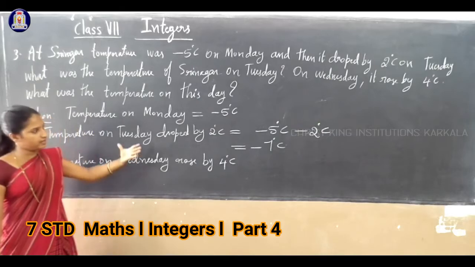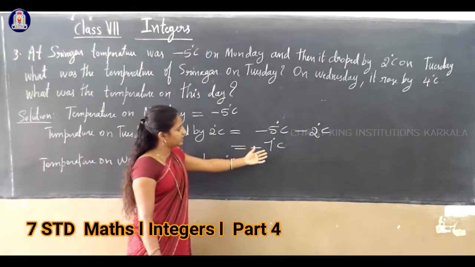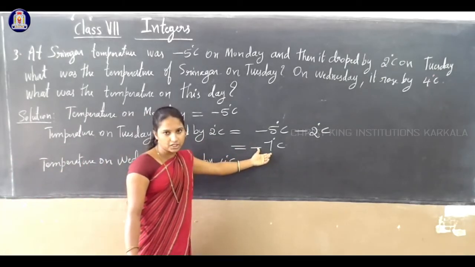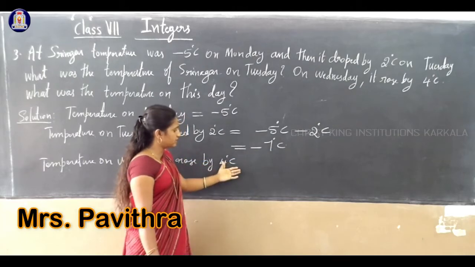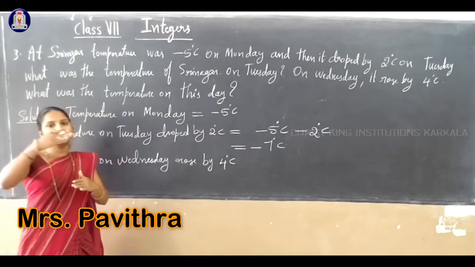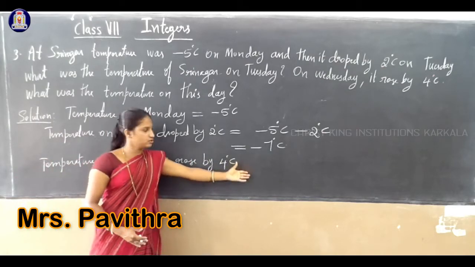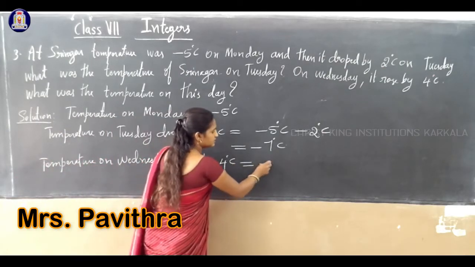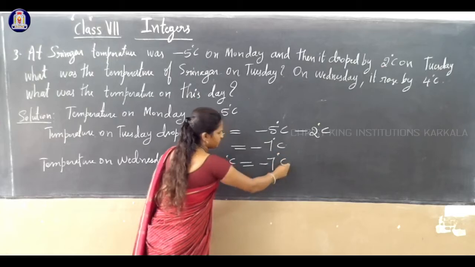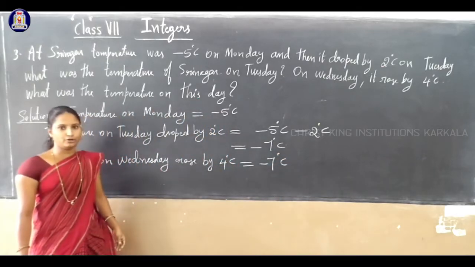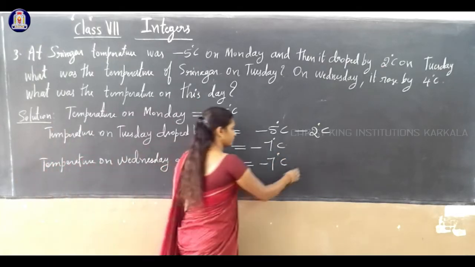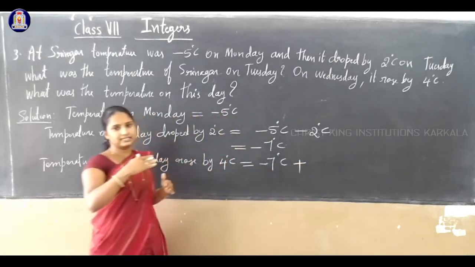So, clear? On Tuesday the temperature is minus 7 degrees Celsius. Next, on Wednesday what happens? Temperature will increase. Okay, rose by 4 degrees Celsius. So first you have to write minus 7 degrees Celsius. This is the temperature on Tuesday. So what you have to do? Plus, the temperature is increasing, right?